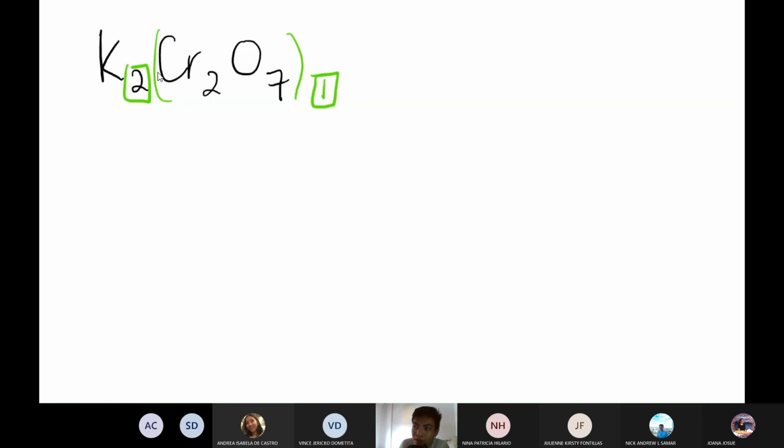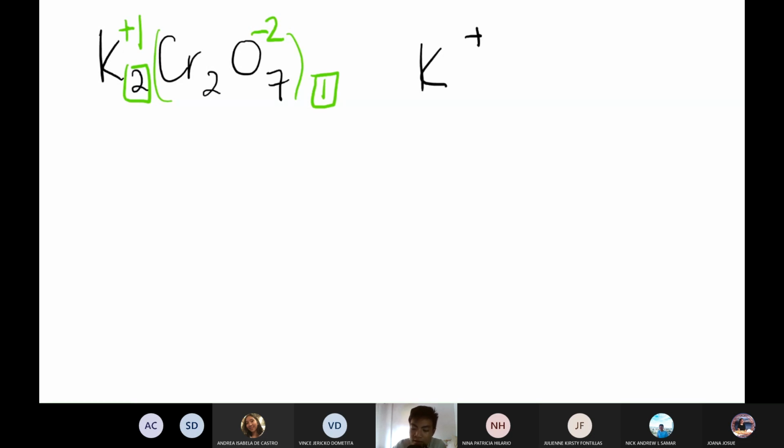If you have a polyatomic anion, maglagay kang parenthesis around it. 2 and 1. Saan galing yung 2? Dito. Saan galing yung 1? Kay K. Since potassium is metal, positive 1 yan. Ibig sabihin, yung kabila, negative. Okay? So we just did the reverse crisscross.